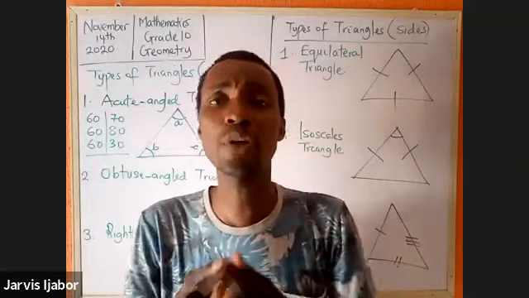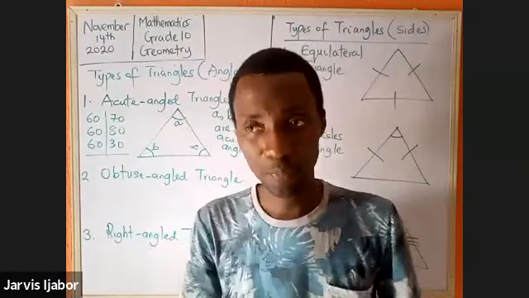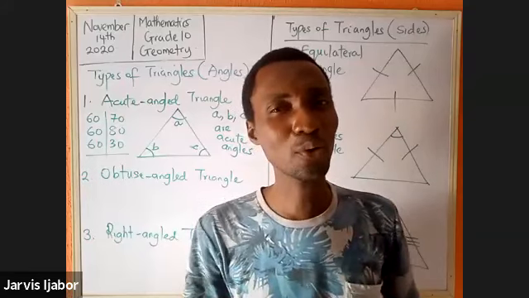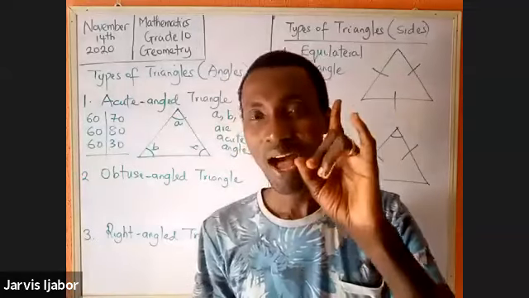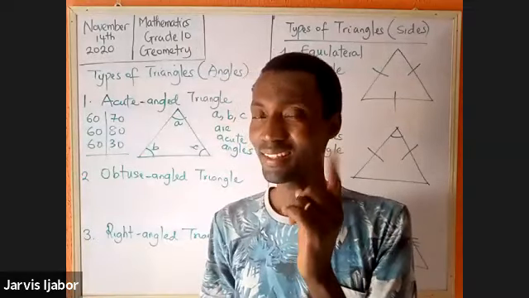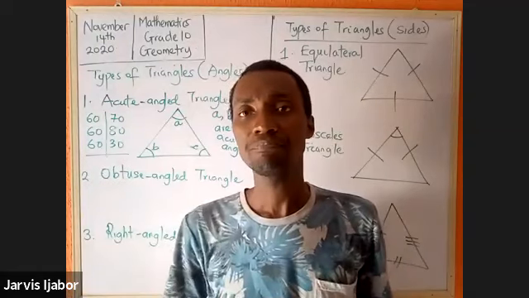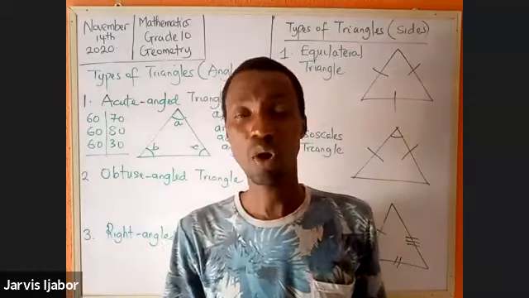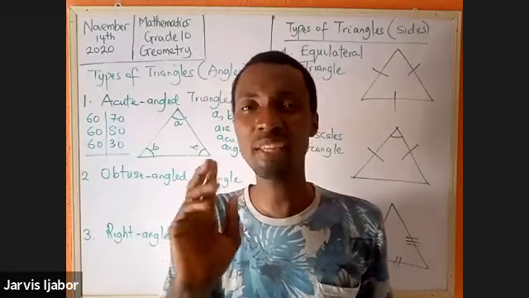Now, what happens when we're talking about an obtuse angle triangle? In an obtuse angle triangle, we have one angle as obtuse. Remember, please, this is basic mathematics. Remember that for a triangle, we said that the sum of the angles is 180.